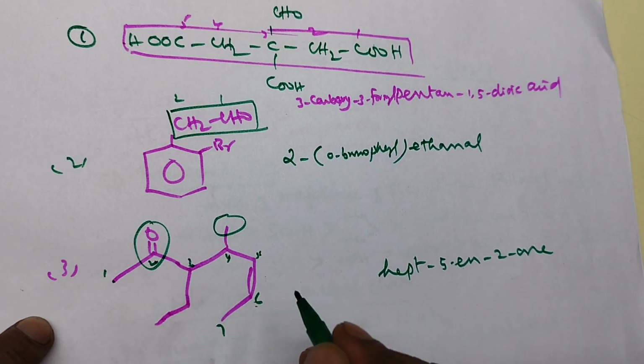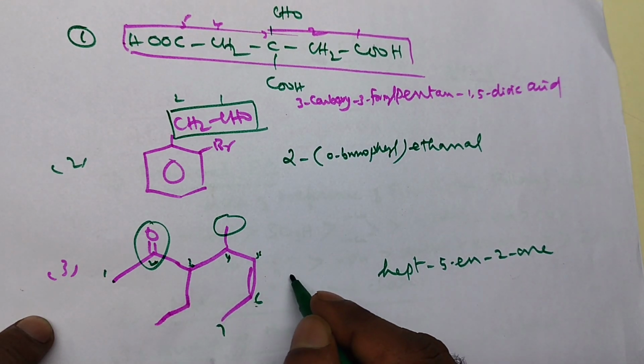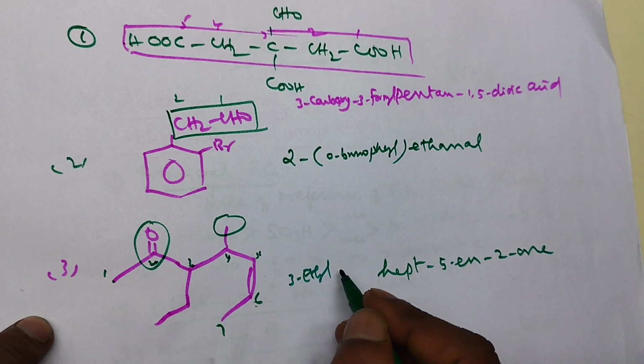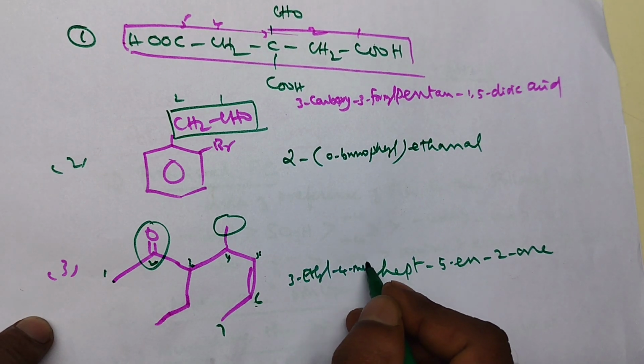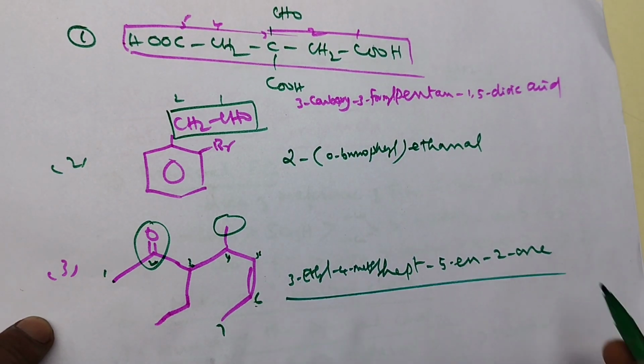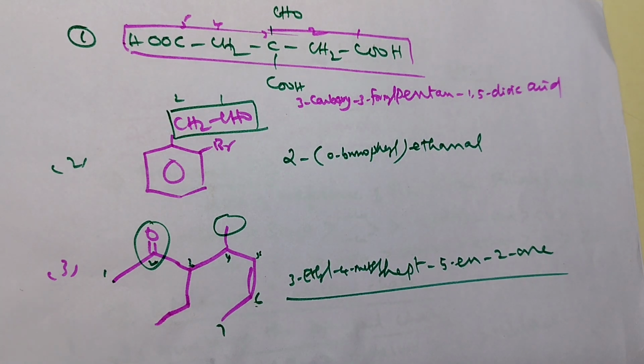Arrange substituents in alphabetical order: 3-ethyl, 4-methyl, hept-5-en-2-one. Thank you students. If you have any doubts, please mention them in the comment box.